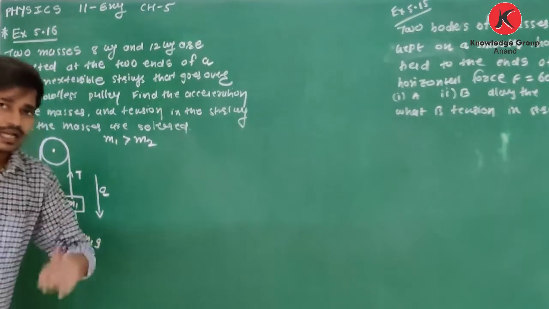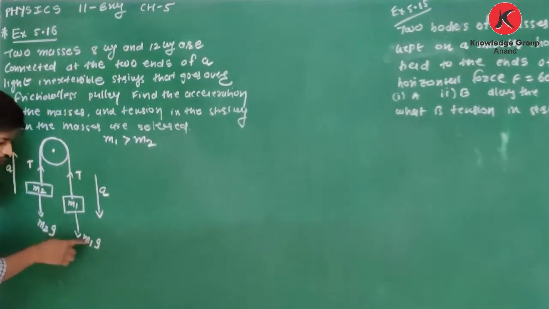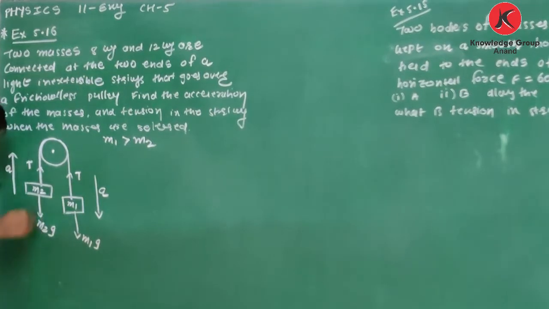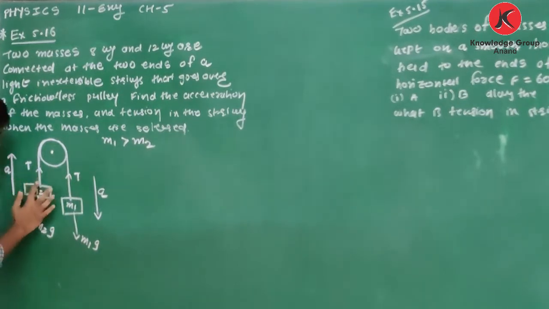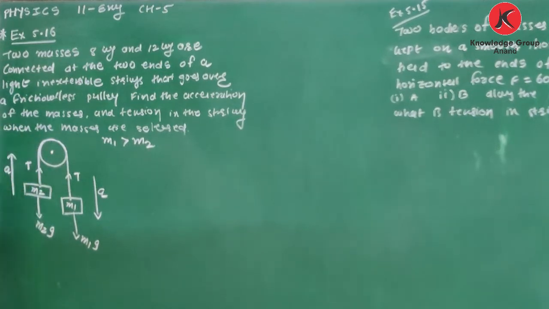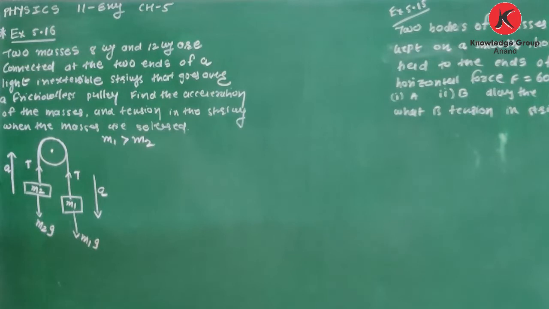Here M1G is downward, so tension is in the opposite direction. Here M2G is in downward direction, so tension is in upward direction. Why T and T, not T1 and T2? Because it is the same string, connected over a frictionless pulley.